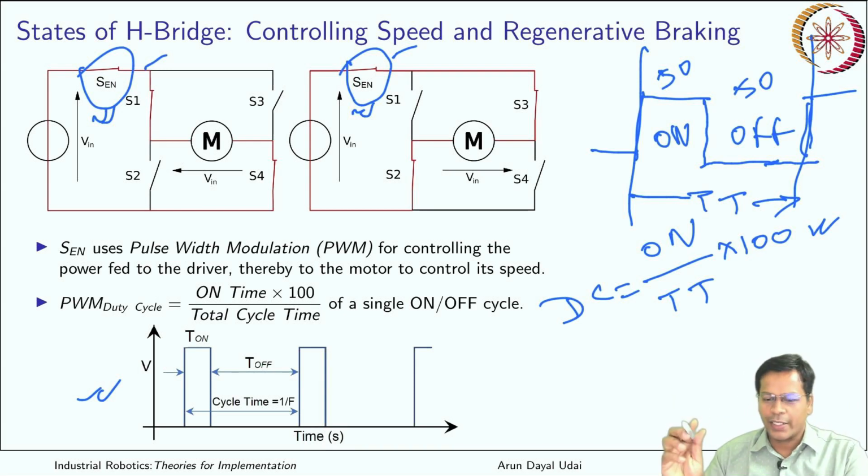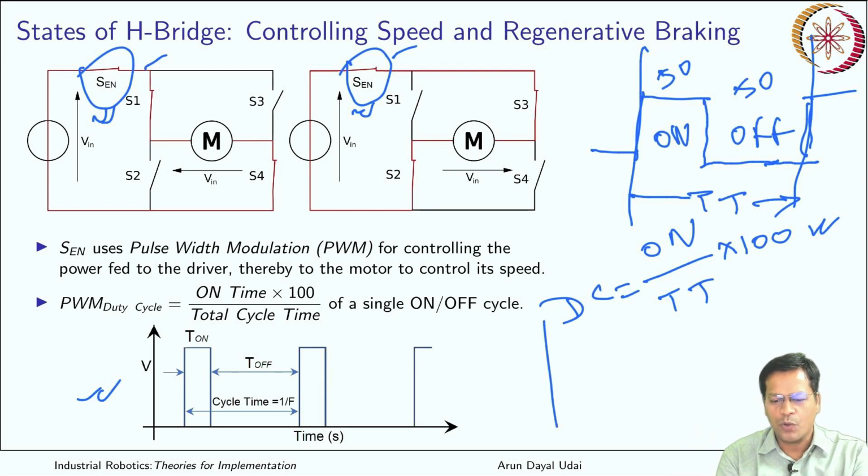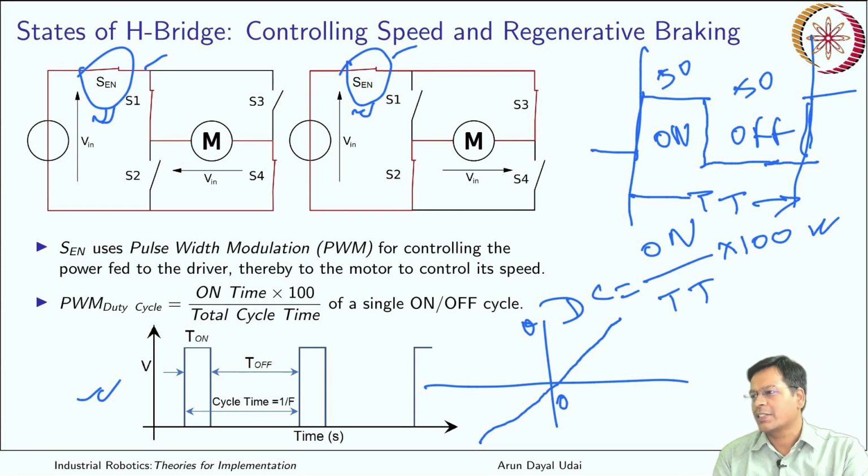So now you are ready with the H bridge system with which velocity can vary from 0 to maximum in one direction and 0 to maximum in the other direction, right? So if this is the velocity, it goes from 0 to maximum in one direction and 0 to maximum in the other direction.